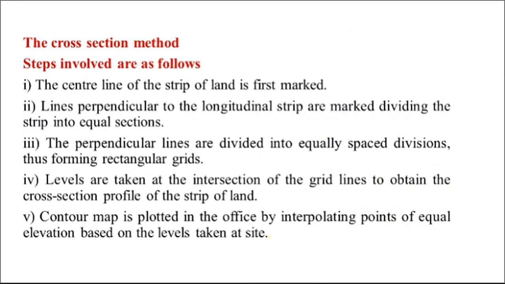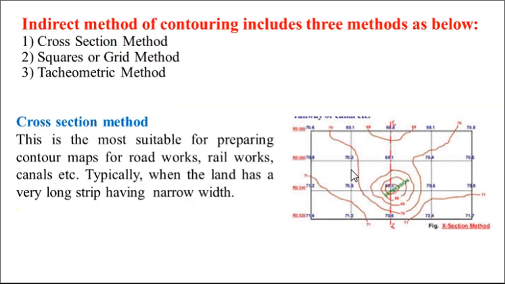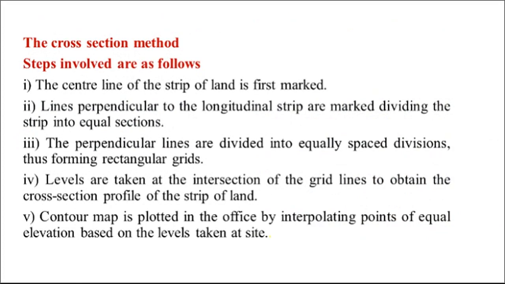Next step, lines perpendicular to the longitudinal strips are marked, dividing the strip into equal sections. So see, here whatever the area to be surveyed, we have divided into equal strips, maybe a rectangle like this. So equal sections or equal strips.